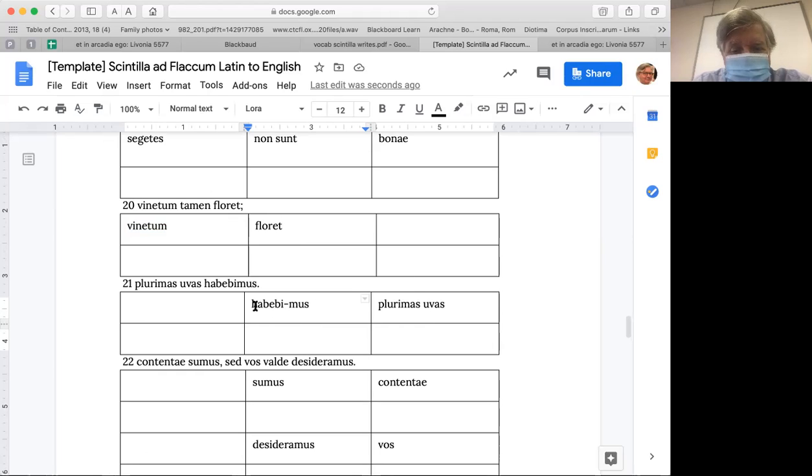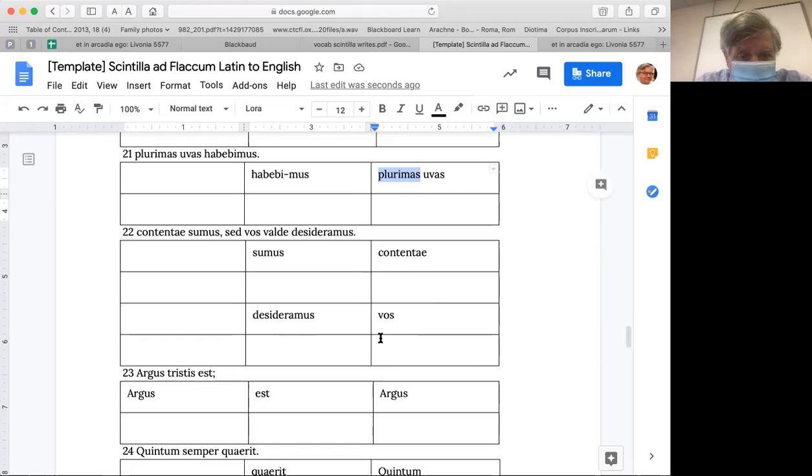we will have uvas, the result of a flowering vineyard, are uvas, plurimas, not just a few, but a whole bunch of. Contentai sumus, so again, we, sumus is the plural of sum, I am, so sumus, we are. Contentai, just what it looks like.